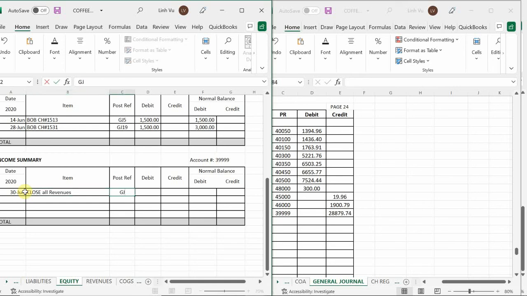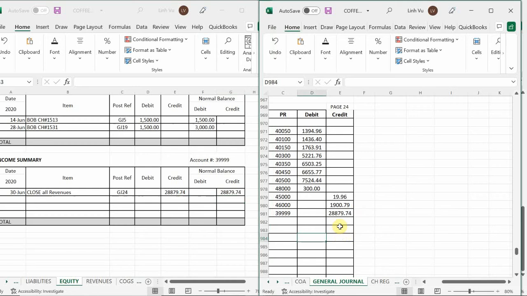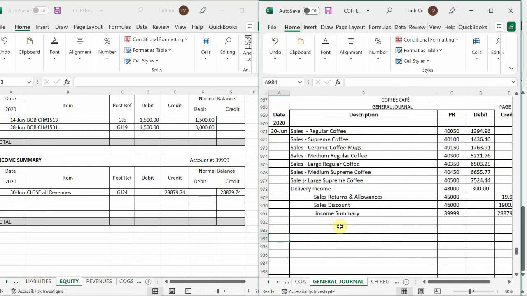Okay, we're on the 24th, and it's a credit balance of 28,879.74. Okay, and of course, my note here is going to be to close out revenues to income summary.